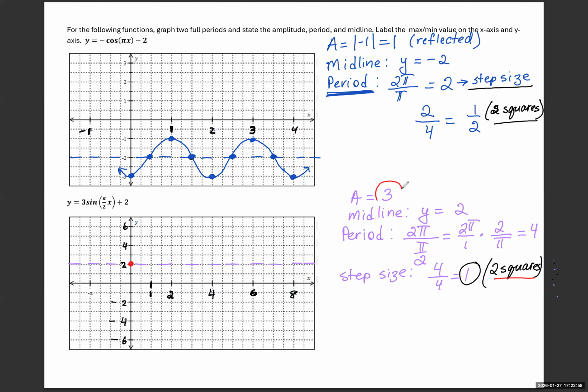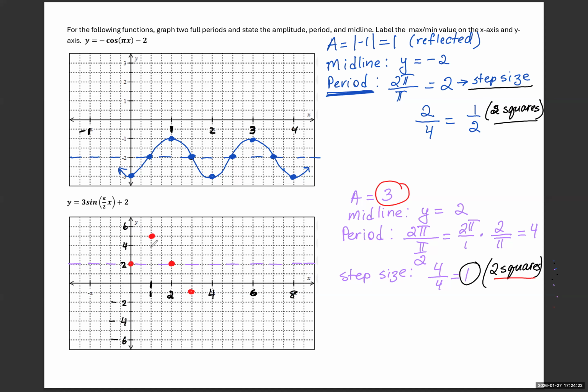Now, maximum has to account for the amplitude, and my amplitude is 3. 1 square is 1 here, so 1, 2, 3, and right here would be my maximum. Now 2 squares to the right will be another x-intercept. 2 squares more to the right is a minimum, so remember I have to have 3 here.